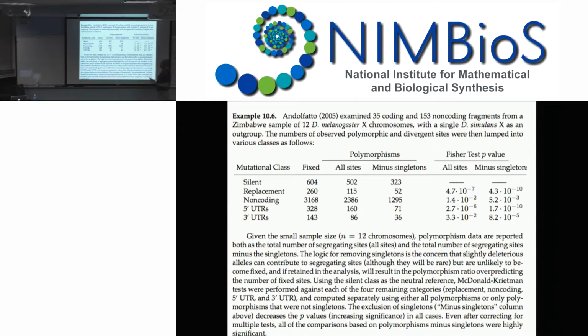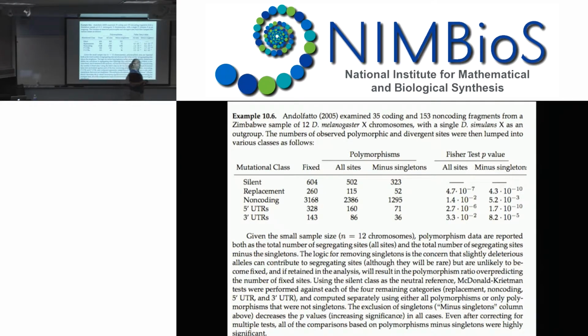But he then went further, then asked about non-coding, 5', 3'. So here, for non-coding, he saw roughly 2,400 polymorphisms and saw roughly 3,200 fixations. You can compare this with this, that with that, and ask if there's an excess. Same for 5' untranslated regions and 3' untranslated regions. Now you might ask, what's this category here? Minus singletons.